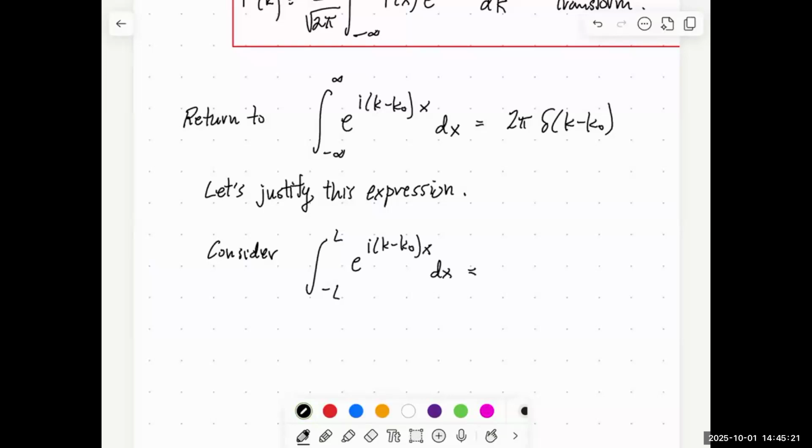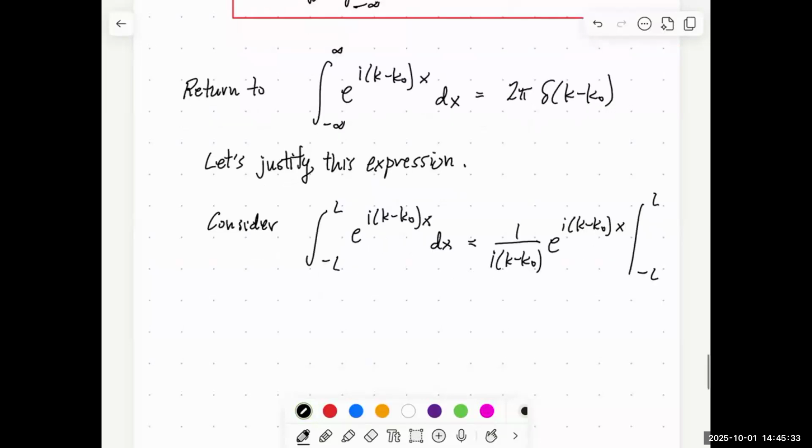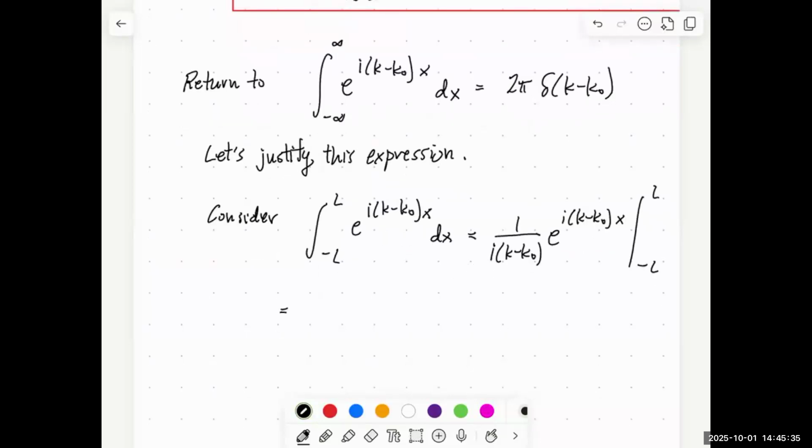We get 1 over i(k minus k naught) e to the i(k minus k naught)x, and then we go between minus L and plus L. I'm going to put a 2 here, k minus k naught, and then I need a 2 and an i. Okay, so these 2's cancel.